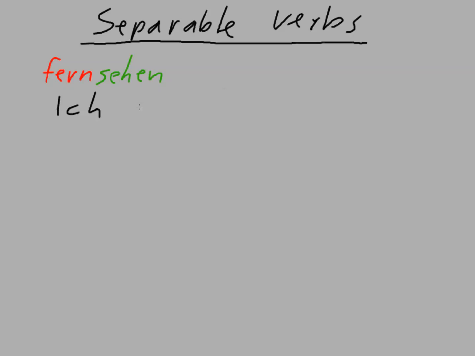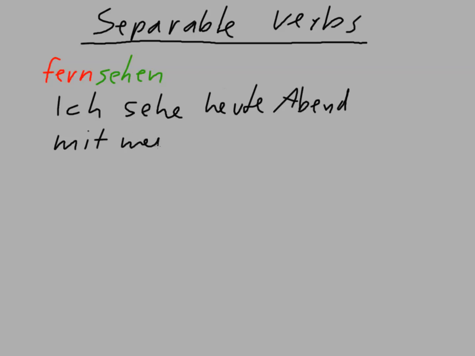Ich sehe, and then let's say tonight, heute Abend, and then let's say with my brother, mit meinem Bruder, and then comes fern. So you have the one part of the verb here, and you have another part of the verb all the way at the very end of the sentence.